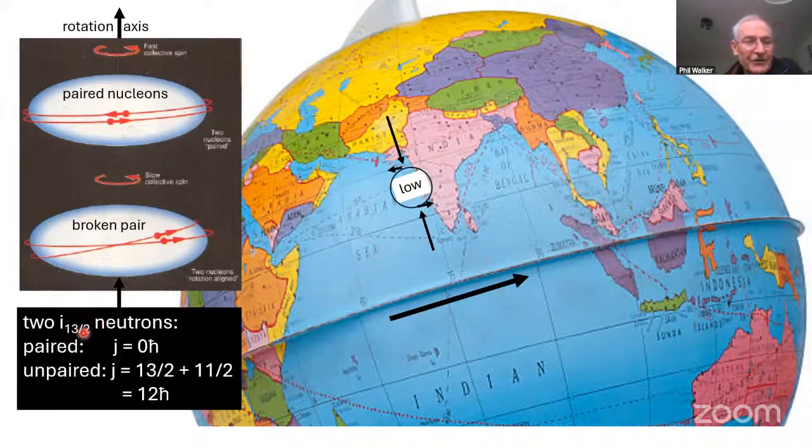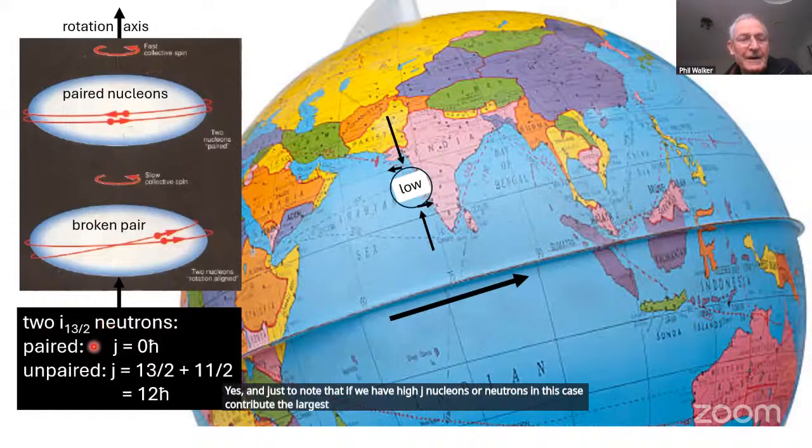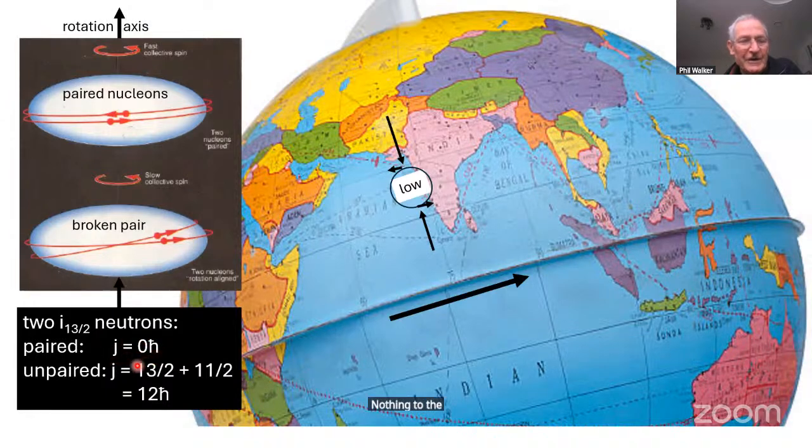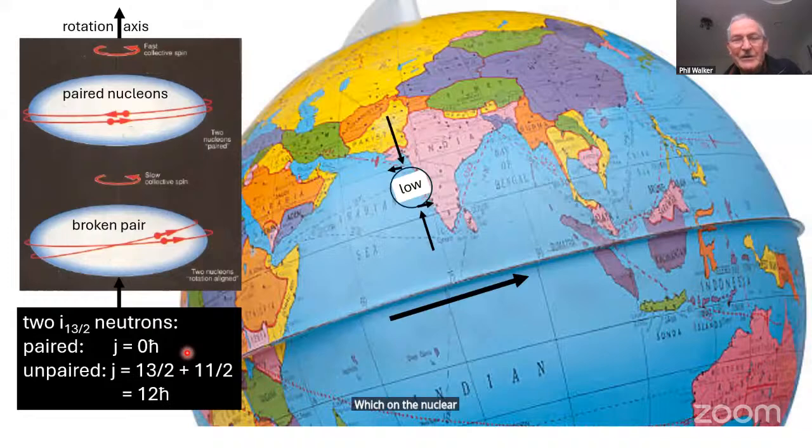Yes, and just to note that if we have high J nucleons, or neutrons in this case, contribute the largest angular momentum, then when they're paired up, they contribute nothing to the rotation of the whole nucleus, but when they're unpaired, they can contribute up to 12 units of angular momentum, which on a nuclear scale is quite a lot.